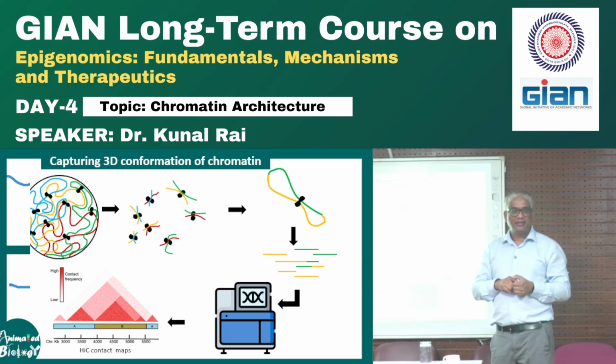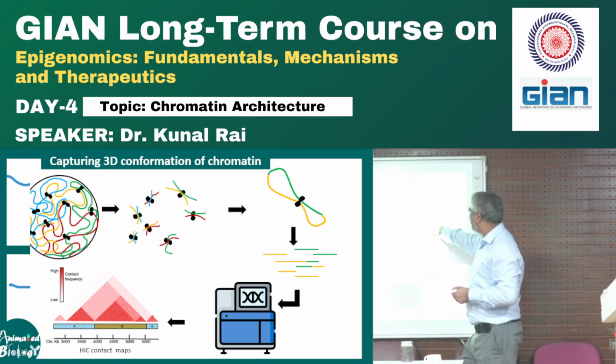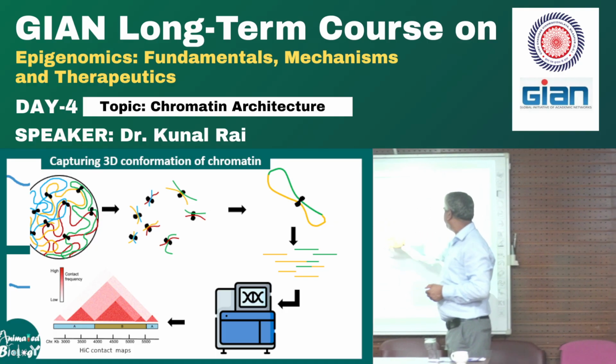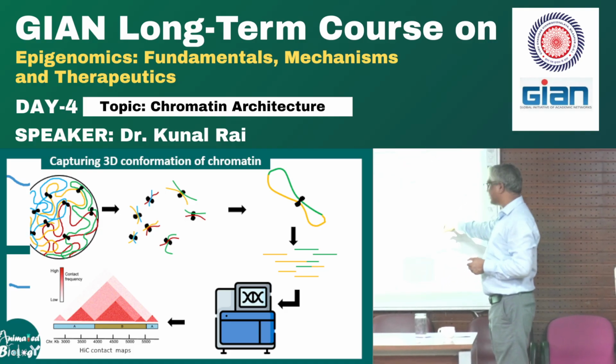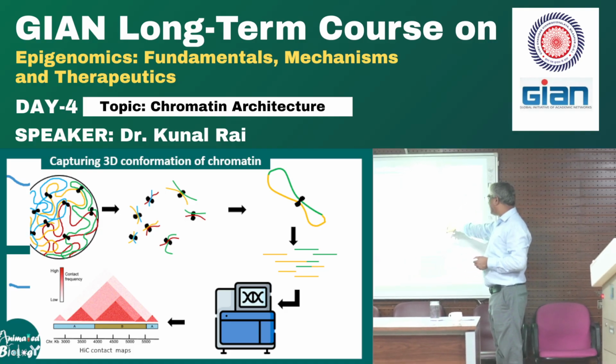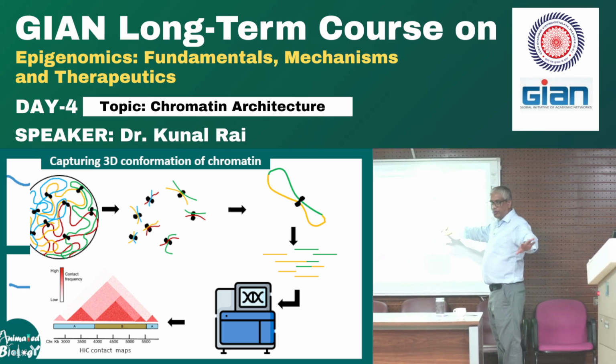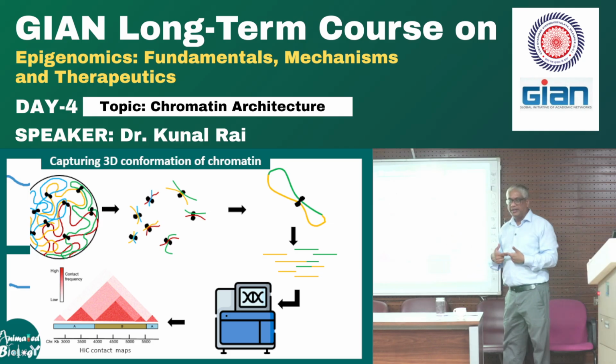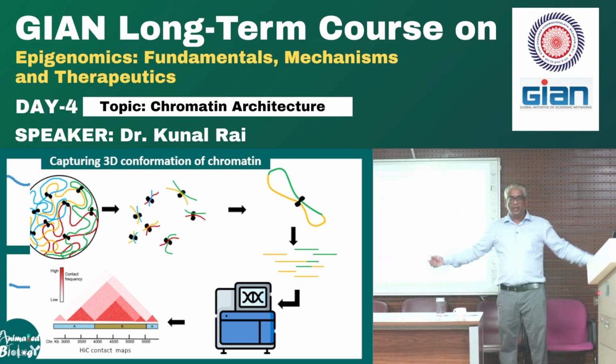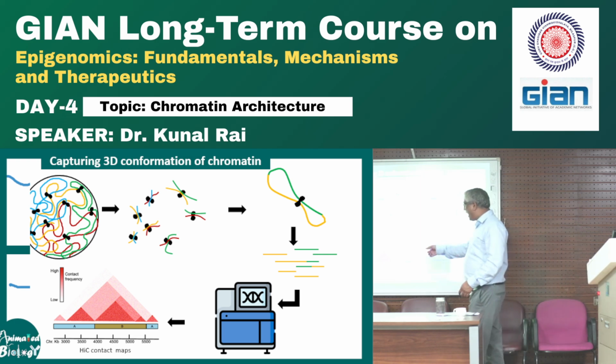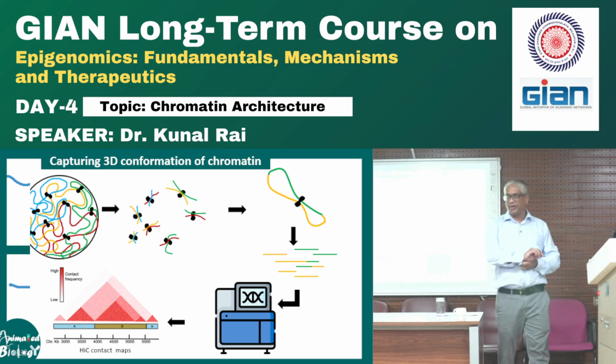Does that make sense? Okay, so this ligation here happened between these two, right? And he created these. So now you filter out reads that map to just one spot. You don't take them. You take only the reads that are a fusion, that are in two different spots in the genome, and that's how you get it. Once you do that, the map becomes something like this, a triangular pyramidal map. Do you understand any of that?